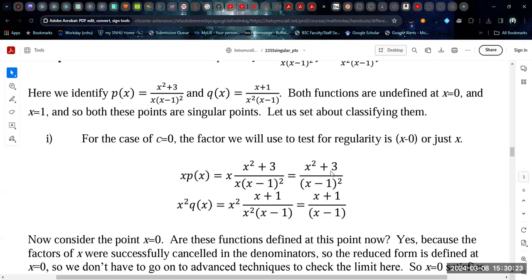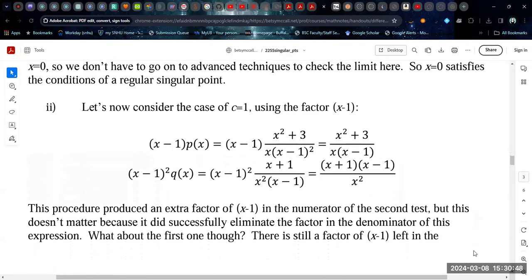It turns out to be 3. That's a finite value. That's great. Now, if I multiply q by x squared, it will cancel out this x squared. I will get this expression, and if I take the limit at x equals 0, I will get -1. That's a finite value. That's good. So that means that this is a regular singular point.